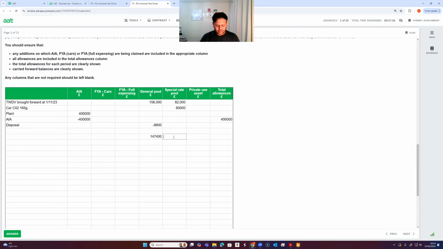The next one, we have 2 cars now. So it will be 22,000 plus 60,000. It's 142,000. And that's it. Now I need to give the allowance. So the first allowance will be WDA 18%, and 6% for the special rate. This one is 18%, so let's do that. 147,400 multiply 18%.